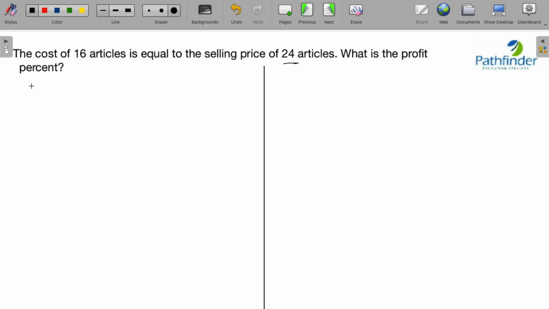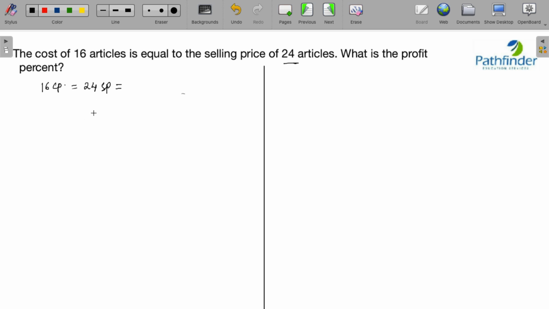For example, we can write the cost of 16 articles as 16 times CP, and this is given as the selling price of 24 articles, so 24 times SP. I can write this as equal to 100. This is my assumption. But when I assume it to be 100, I will have some difficulty in calculating the cost price and selling price because both cost price and selling price will come out as fractions.